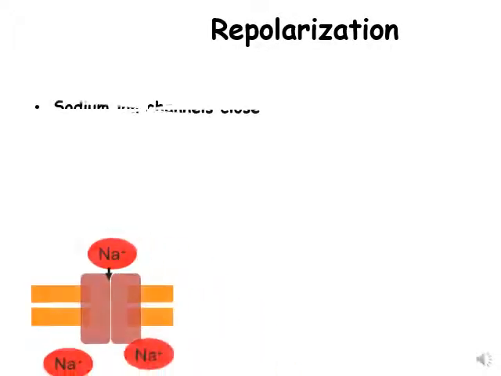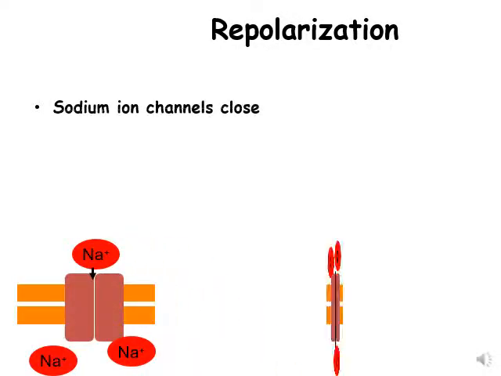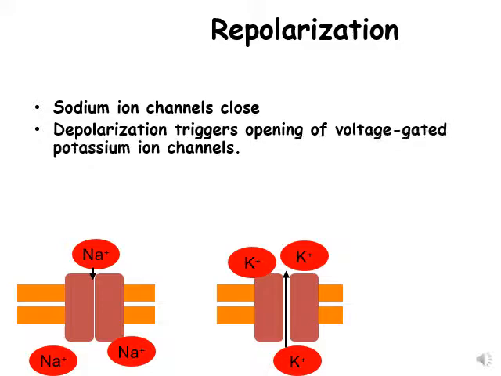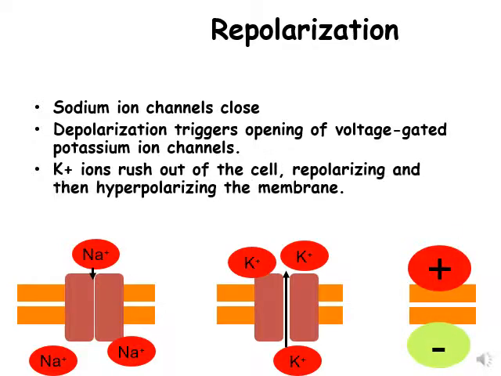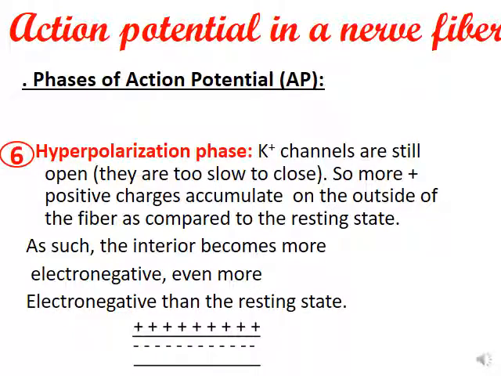You have to know that sodium ion channels close, and depolarization triggers the opening of voltage-gated potassium ion channels, and then the K+ will rush out of the cell, repolarizing and then hyperpolarizing the membrane. Hyperpolarization means an increase in negativity.